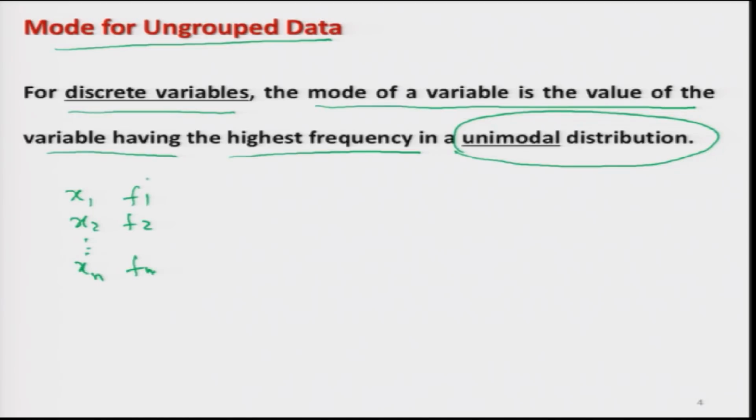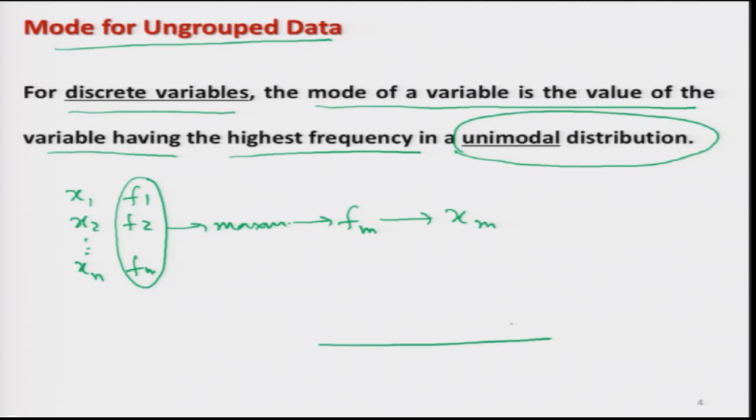You simply have to first choose whichever is the maximum value. Suppose this maximum value occurs as fm. Then corresponding to fm, whatever the value xm is, that is going to be the mode. Obviously this is true when we have a unimodal distribution, where there is only one mode.